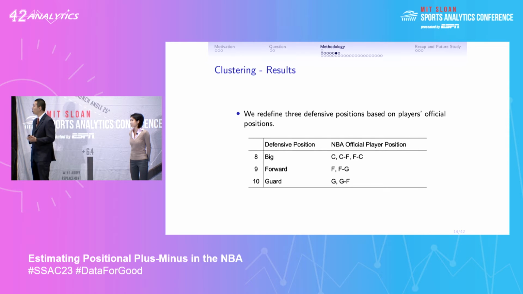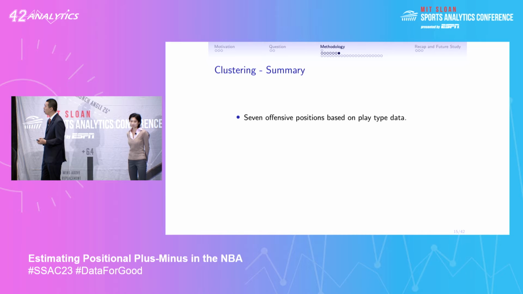Next, we redefine 3 defensive positions based on players' official positions. So the table you see here maps NBA official positions to the 3 defensive positions we redefined in our study, which include big, forward, and guard. In summary, our study redefined 7 offensive positions based on play type data.